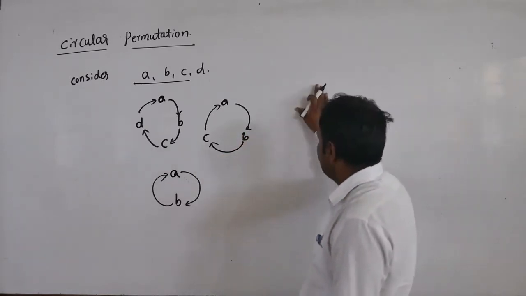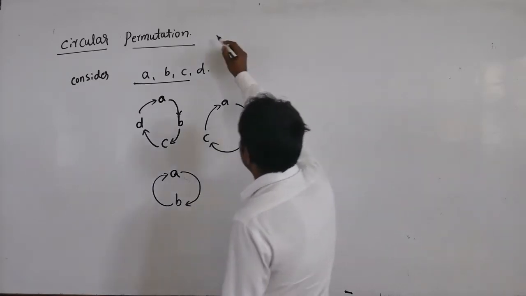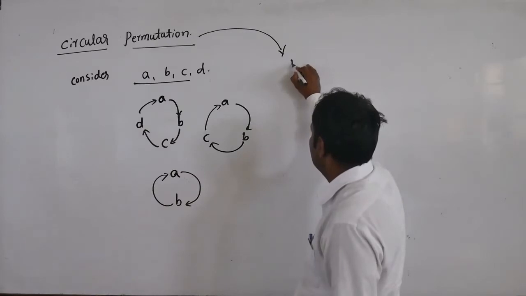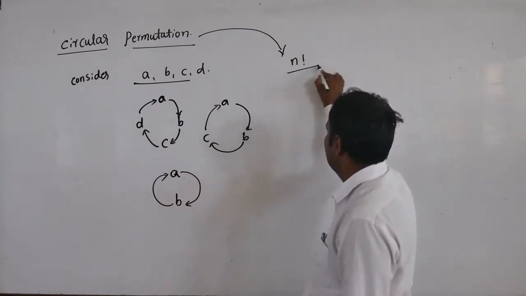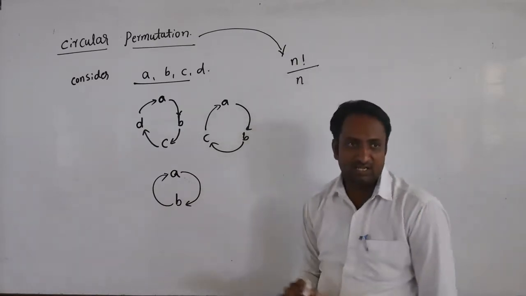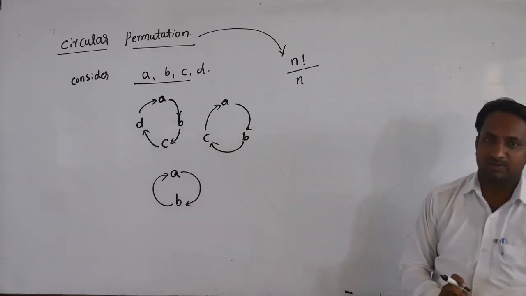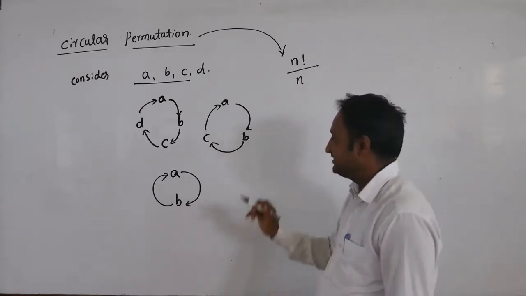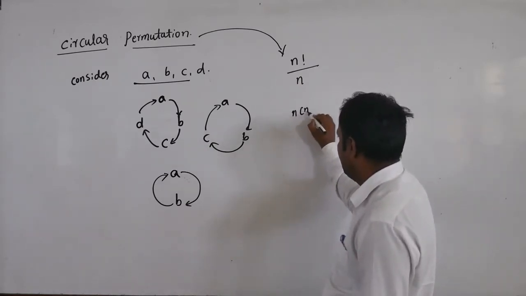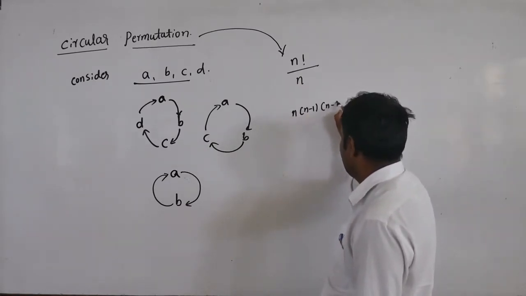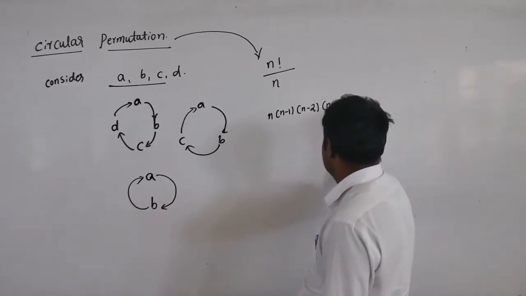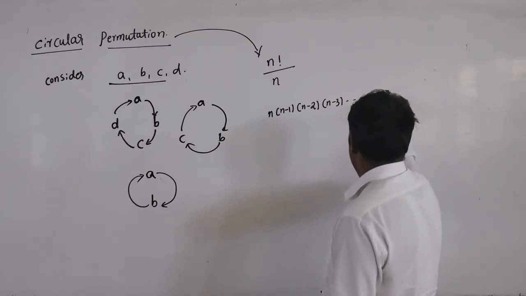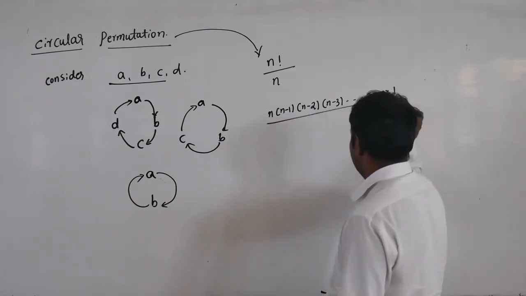That's why circular permutation is represented by the formula n factorial divided by n. Here n factorial can be extended as n times (n minus 1), (n minus 2), (n minus 3), and so on up to 3, 2, 1, divided by n.